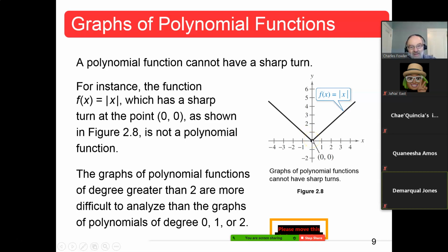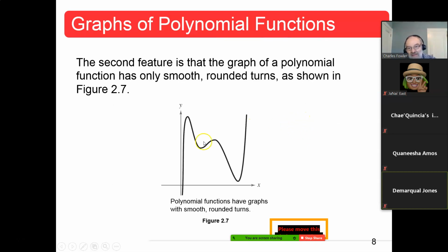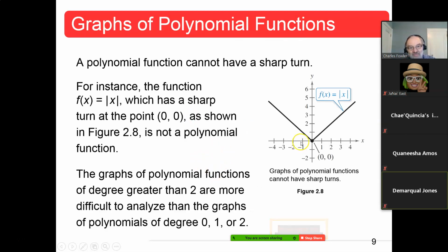A polynomial function, even though it may turn pretty sharply, is always smooth. This one is not smooth. It has a very quick bend. This is sometimes called a corner or a sharp turn at the point. Others are sometimes called cusps, which are even sharper than a corner, and certainly they can't be discontinuous.